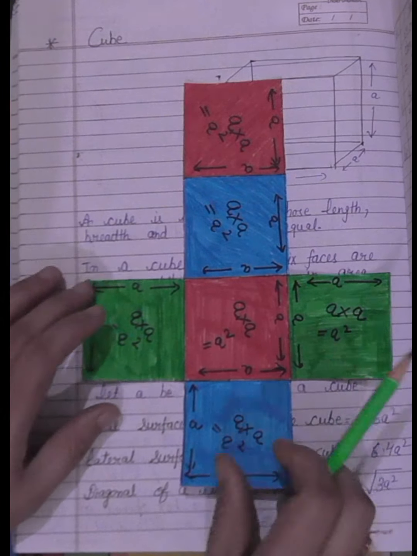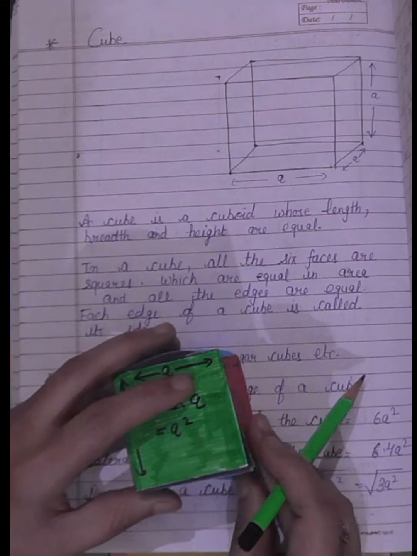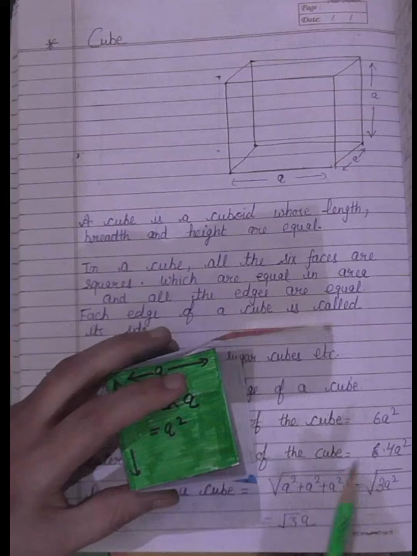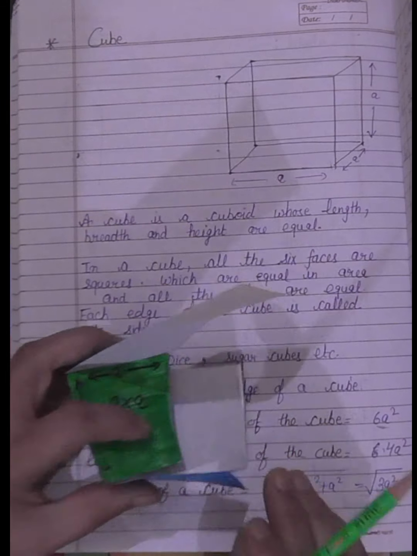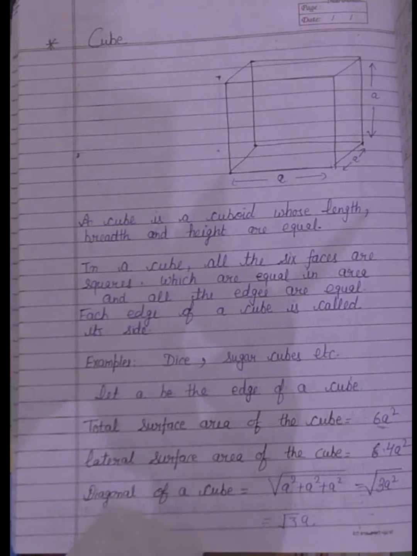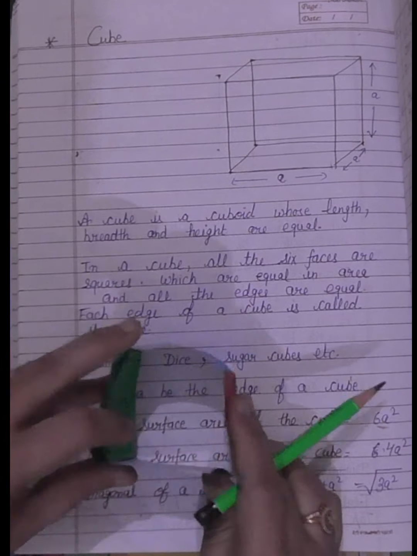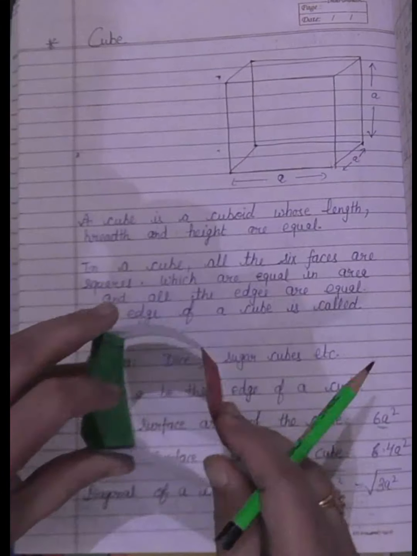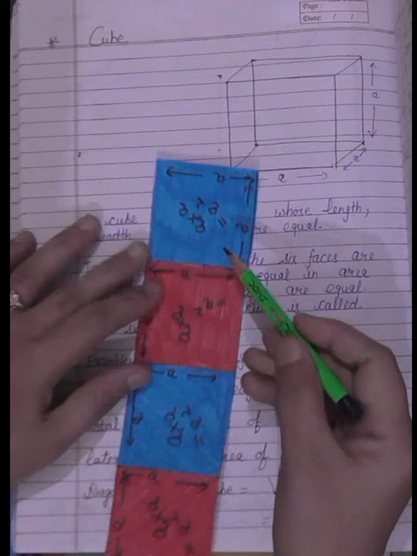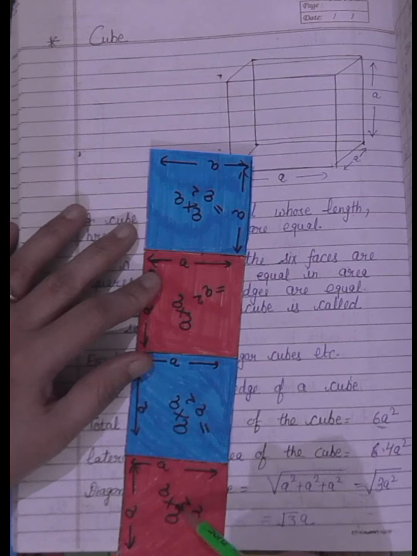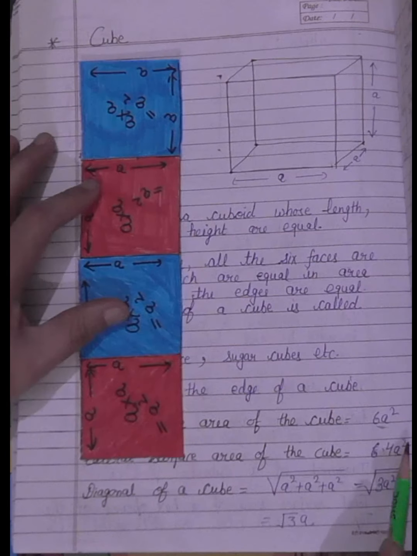So for the total, it will be 6A square. Here I have written it. And for the CSA, because I have taken the top and bottom out, I have taken only the 4 faces. So it is 4A square.